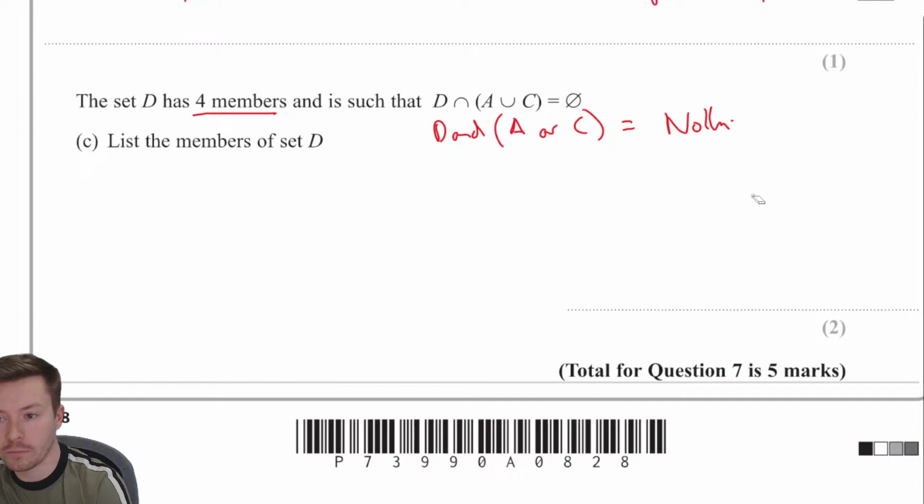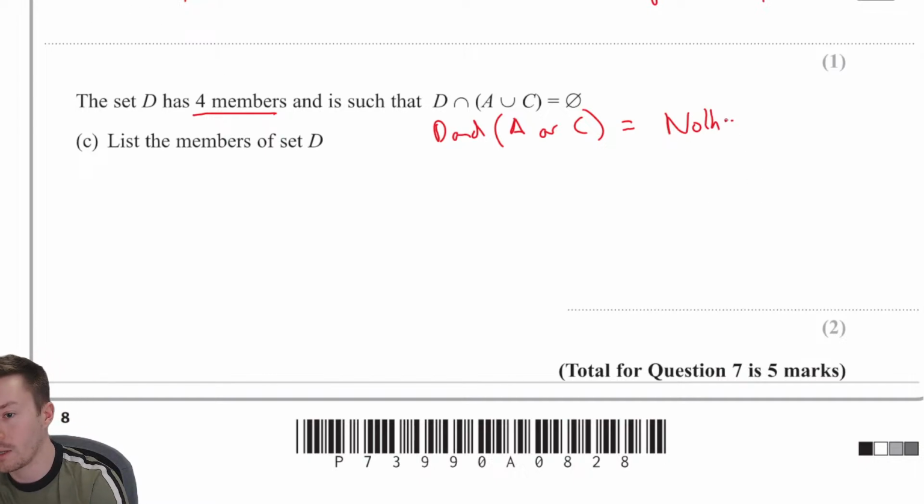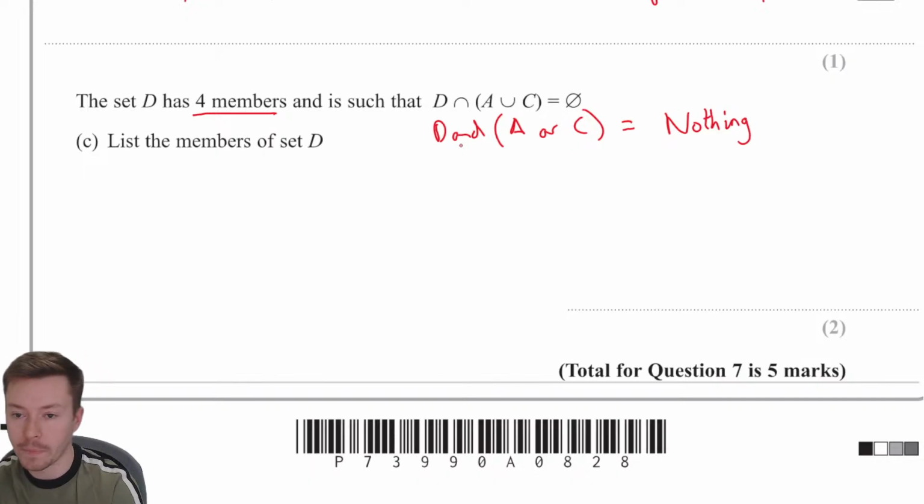This is a bit of a brain twister because there's so many things going on here. It's got 4 members, and basically the intersection of D and A or C is nothing. So what that means is our set D can't have anything in common with A or C. It can't have anything in it that is in A or C.